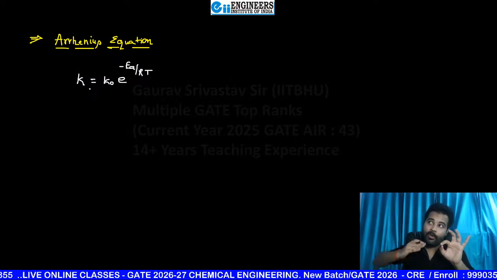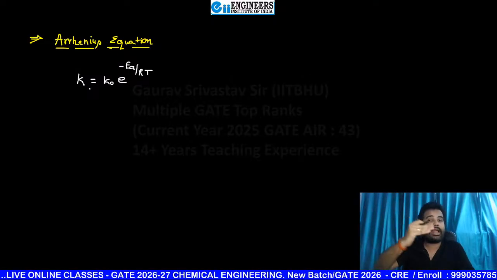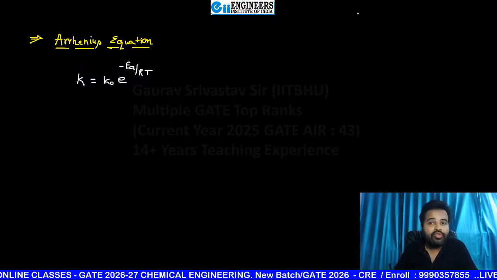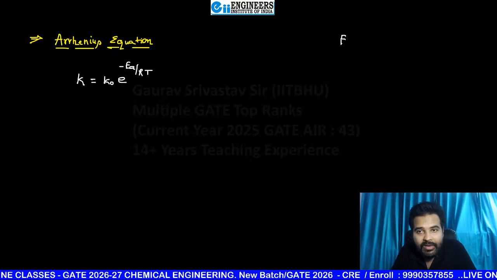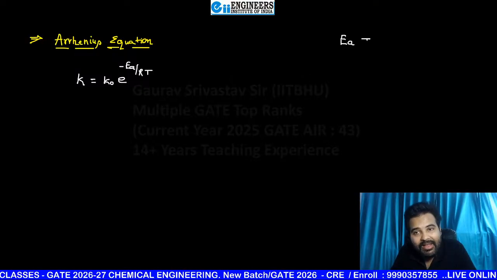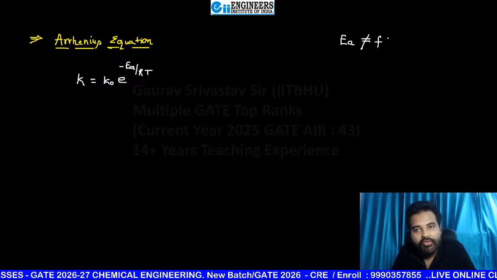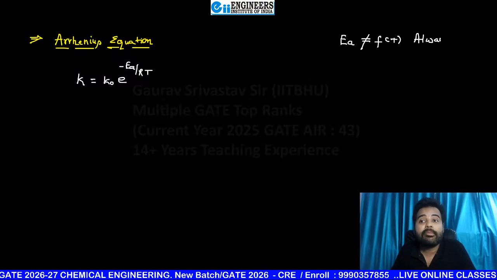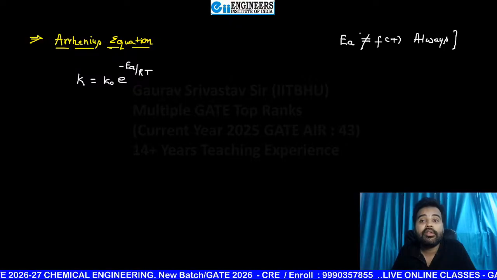Lambda, the enthalpy of vaporization in the Clausius-Clapeyron equation, is also a function of temperature. But when you see this EA, please clearly write it is not a function of temperature, always.